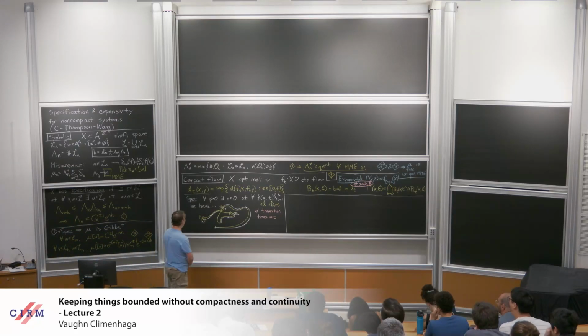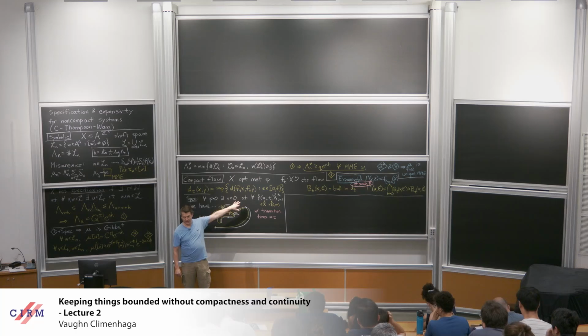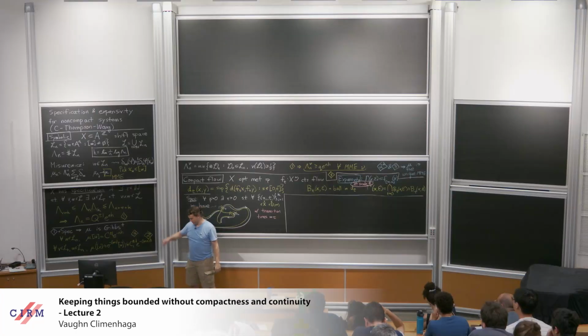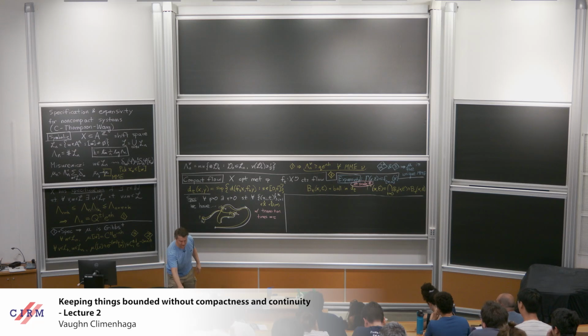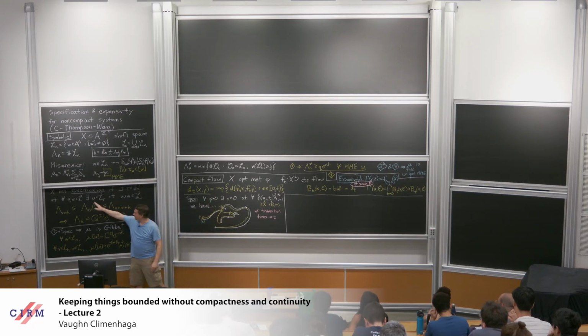Here I want to allow k to be arbitrarily large. This is worth saying, since you will notice a discrepancy between the way I formulated it for symbolic systems and here. For symbolic systems, I just said you need to be able to put two things together.